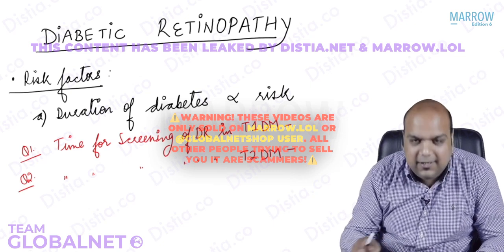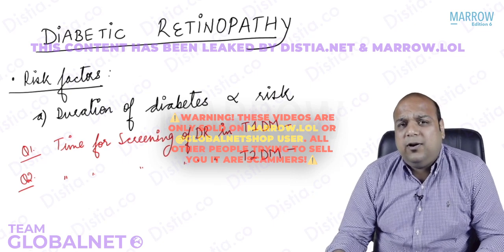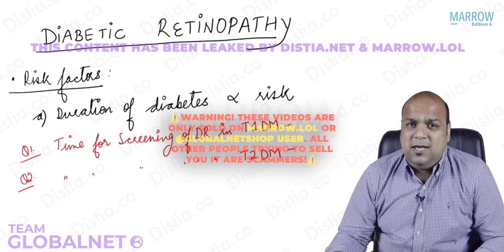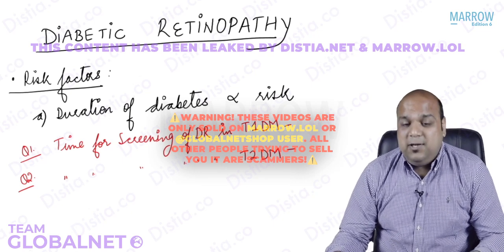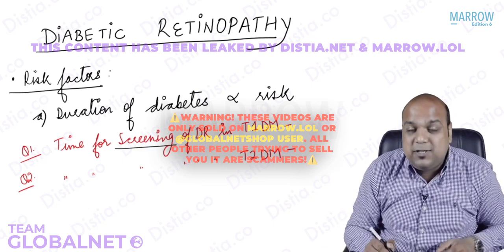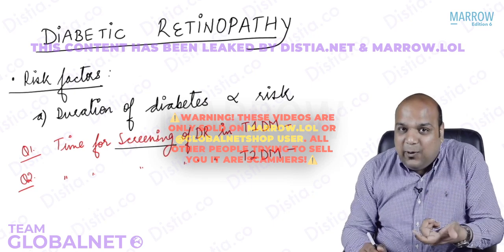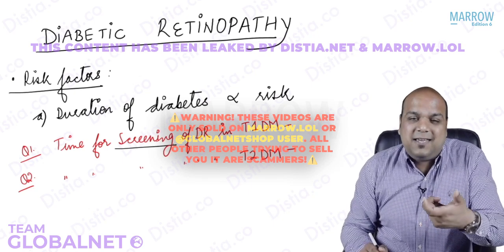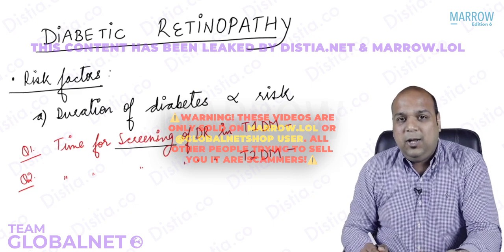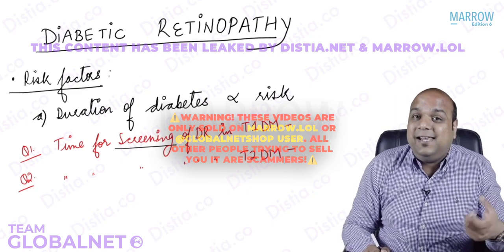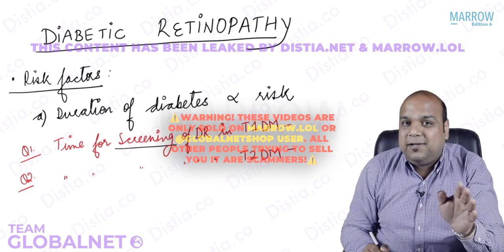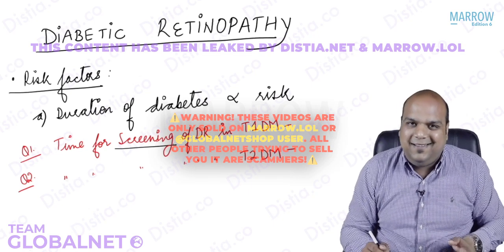What are we trying to say here? We know already that the patient has diabetes. So we know retinopathy may develop. So when should we screen or when should we examine the retina to find out whether the retinopathy has developed, diseased patient, or it has not developed, apparently healthy? Yes or no? Screening is differentiation of disease from apparently healthy.